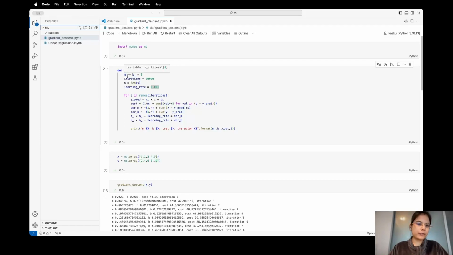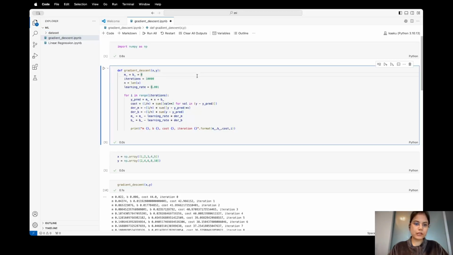I'm initializing the value of my parameters m and b equal to 0, so I'm starting by taking the value 0 initially, with 10,000 iterations, n is the length of my training dataset, and the learning rate is 0.001. So I'm running a loop over my 10,000 iterations.